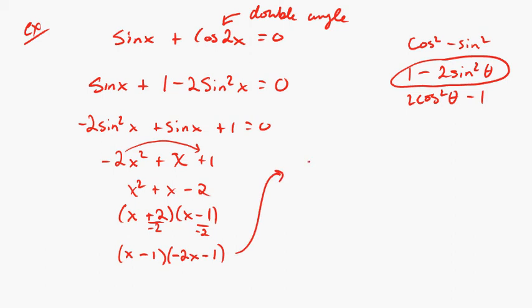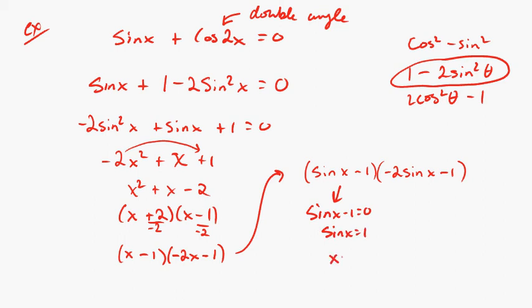That would be really sine of x minus 1, and then negative 2 sine of x minus 1. Now we have two problems that we're going to answer here. We have, when is sine of x minus 1 going to be 0, which is the same as when is sine going to be 1.